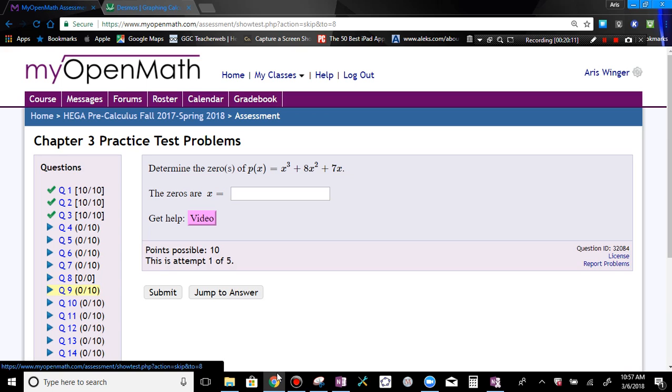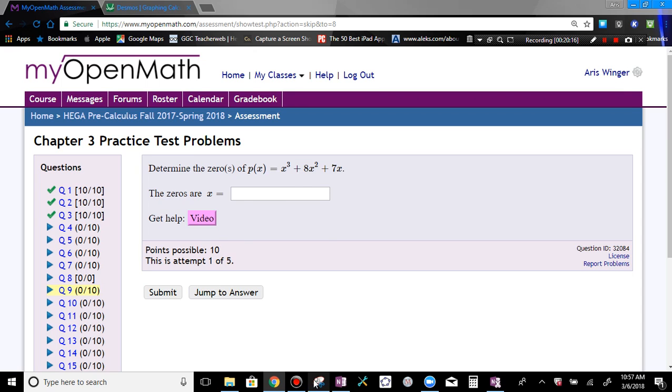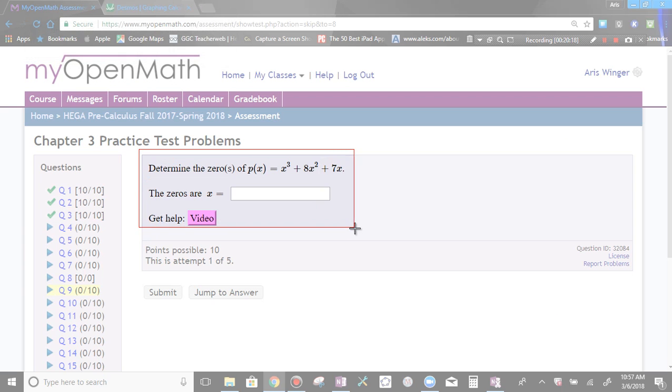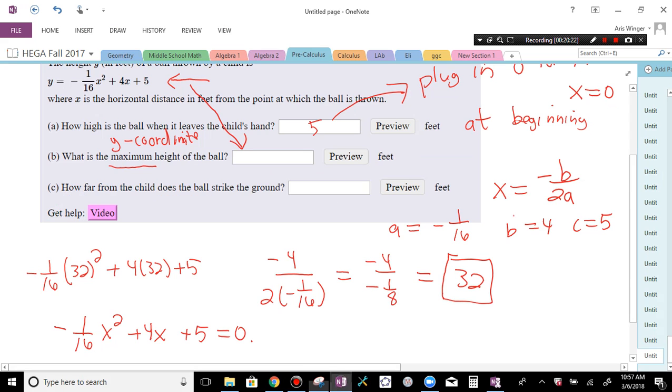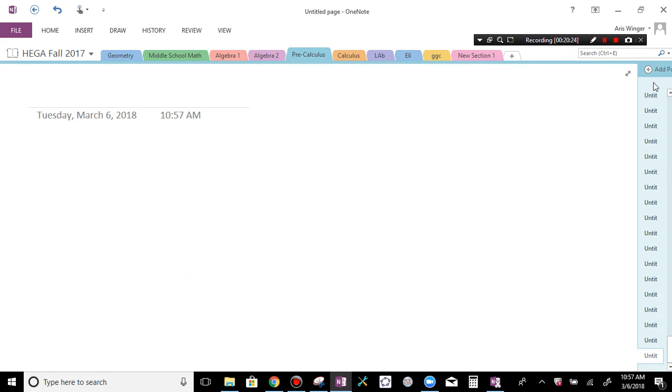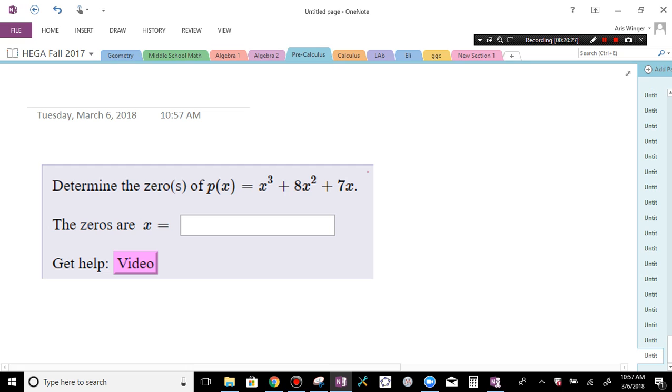There's a polynomial. Set it equal to 0 and solve. What are the zeros, right? So this is an exercise in factoring. X cubed plus 8x squared plus 7x is equal to 0.